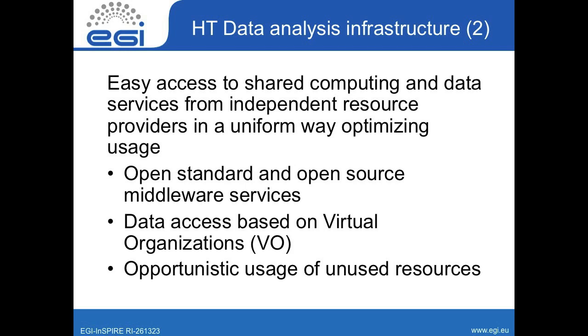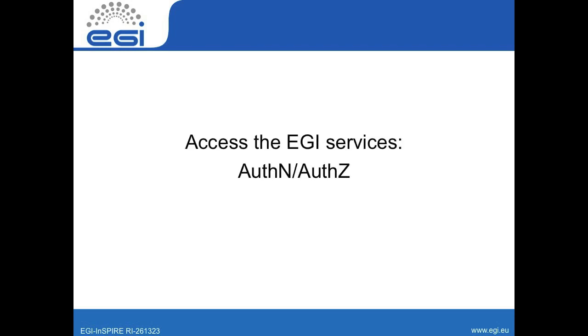That means that they are not dedicated to your organization, but since you are enabled on these resources as part of the EGI infrastructure, you can access them when the resource centers have some spare resources. And in this way the resource providers are also happier, because their resources are used in a more efficient way.